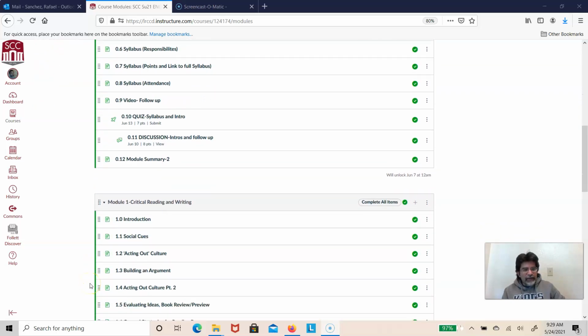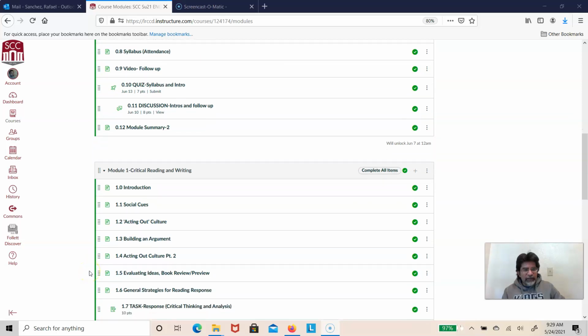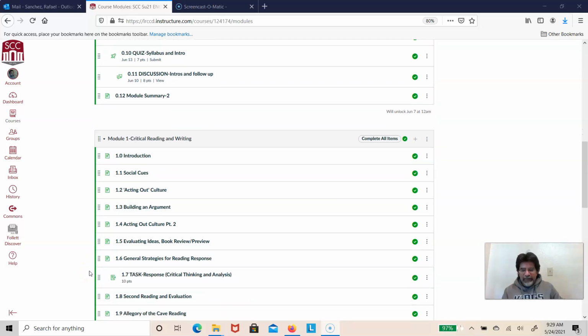Module 1, really quickly, is where I introduce you to some ideas of critical reading and writing. Again, this is just throwing some information at you, getting your mind a little bit flexible in terms of college writing, and then following up with some more nitty-gritty, really detailed sentence by sentence, paragraph by paragraph structural material.